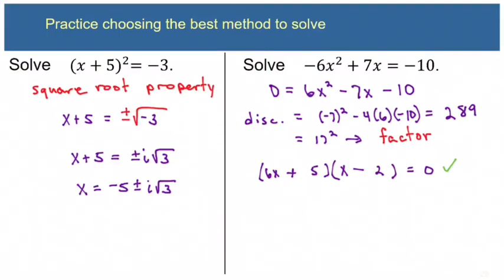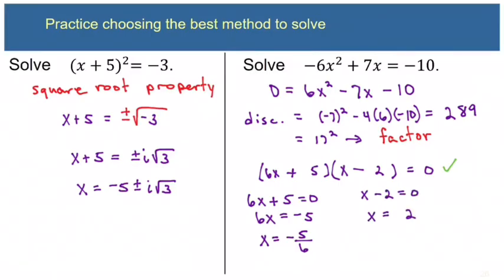Now we can get our two solutions. If this times this is 0, it means one of the factors is 0. So if the first factor is 0, that means 6x is negative 5, which means x is negative 5 over 6. And if the second factor is 0, that means x equals 2. So our two solutions are negative 5 over 6 and positive 2.